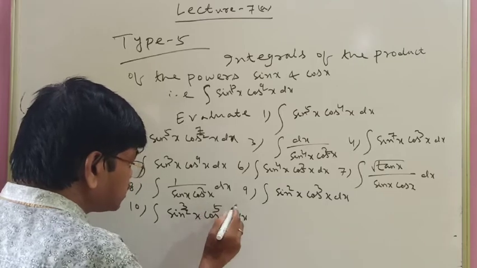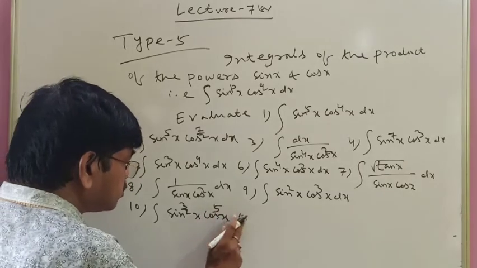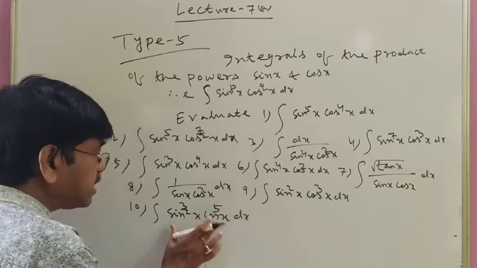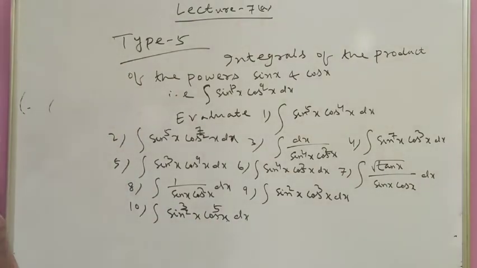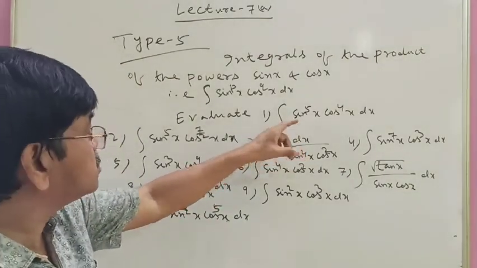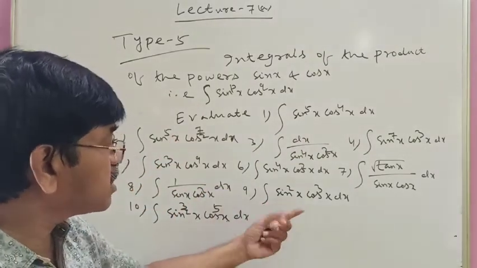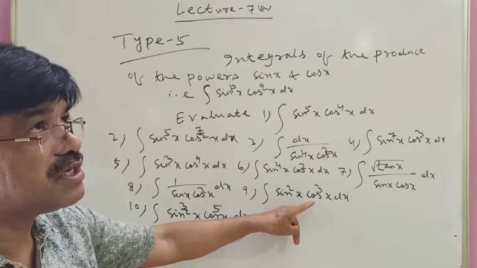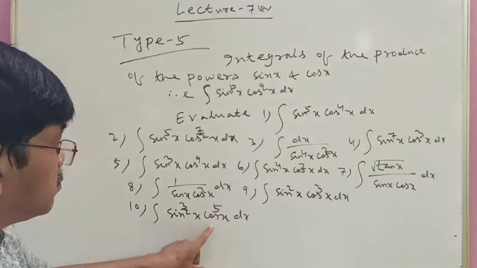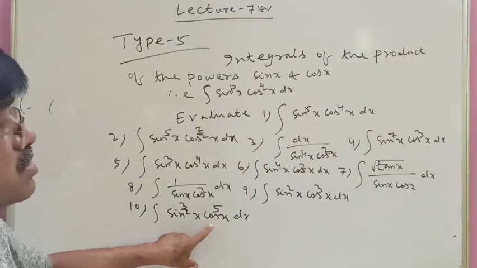Here the power of cos x is positive odd, so you will take sin x is equal to t. So number 9 and 10 are coming under case 2, because here the power of cos x is positive odd, so put sin x.